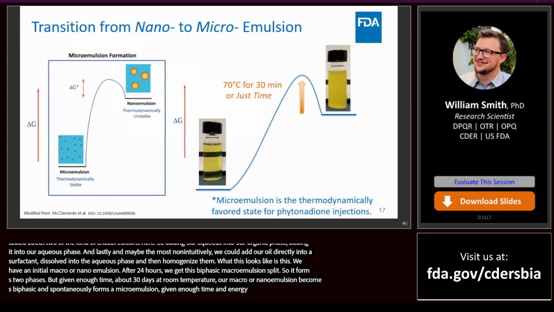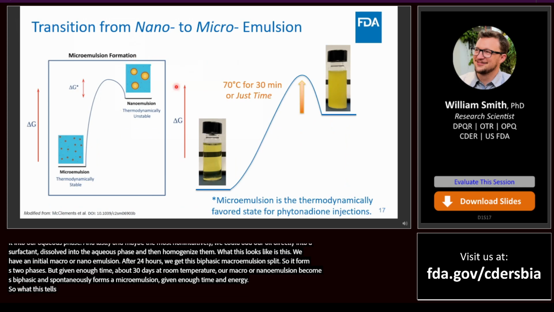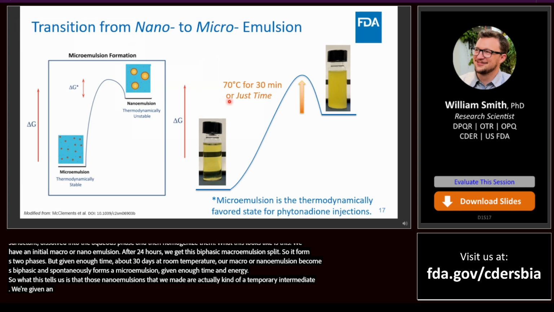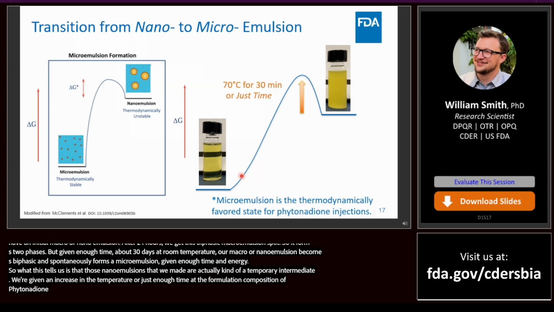So what this tells us is that those nanoemulsions that we made are actually a temporary intermediate where, given an increase in the temperature or just enough time at the formulation composition of phytonadione injection, the thermodynamically favored state of the system is the microemulsion.